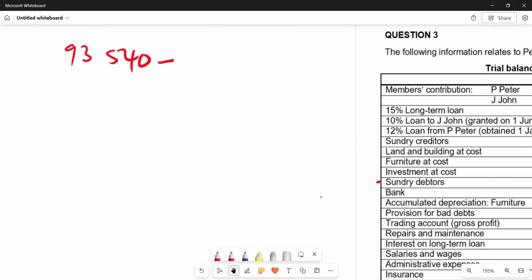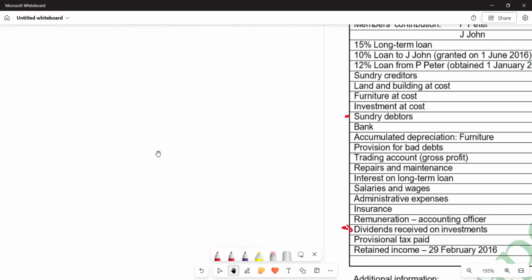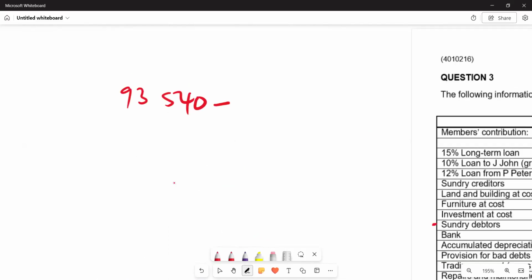Then we subtract the one that was written off. Bad debts to the amount of 540 must still be written off, which is 540. And then we do that, we get the figure for the level of debtors for the period.